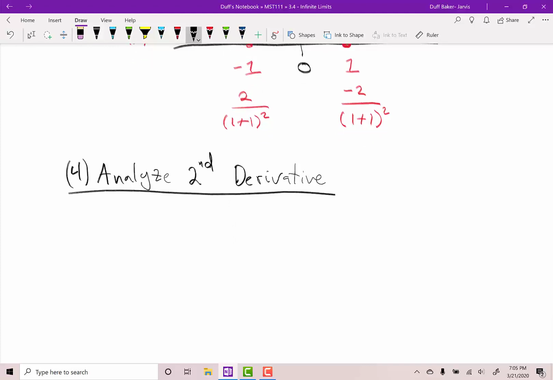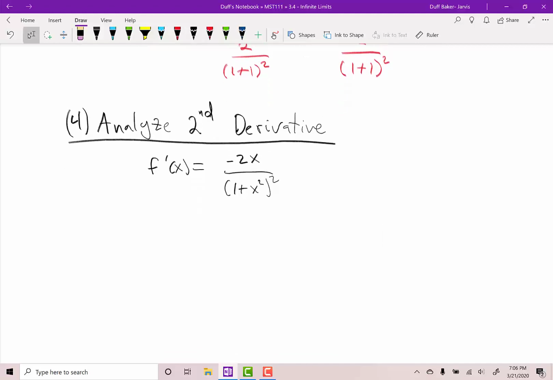And so to analyze the second derivative, we first have to get the second derivative. So let's do that. Let's just copy the first derivative down here to use it. So the first derivative was minus 2x over (1 plus x squared) squared. And we have to take the derivative of this to get the second derivative.